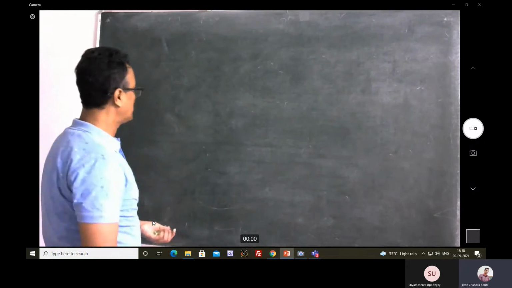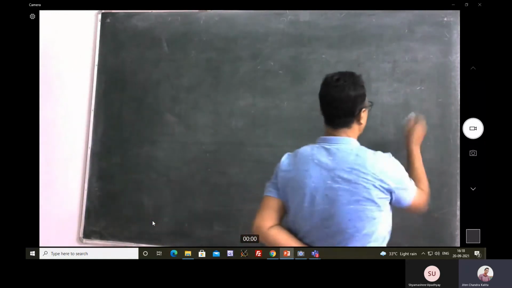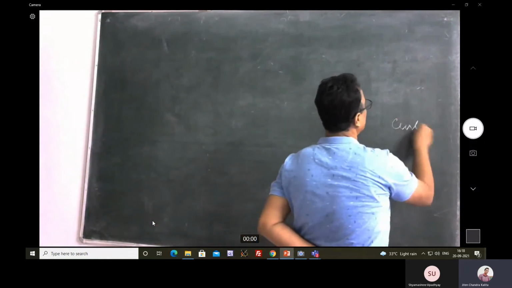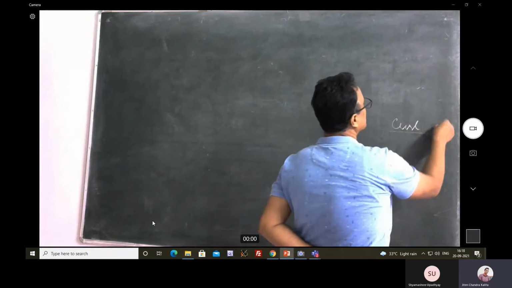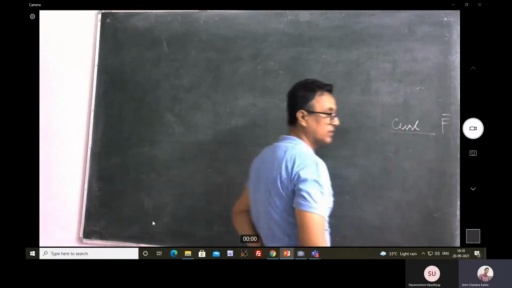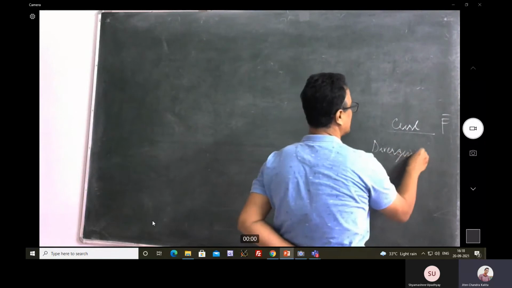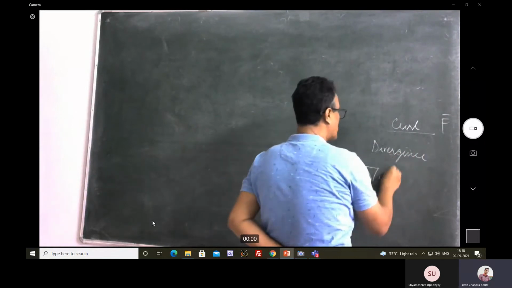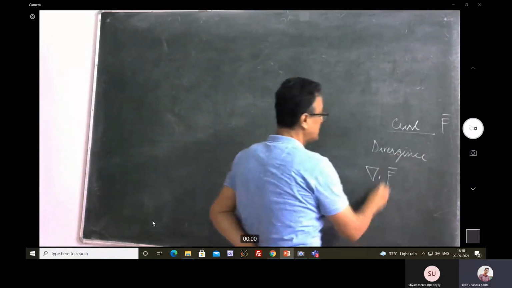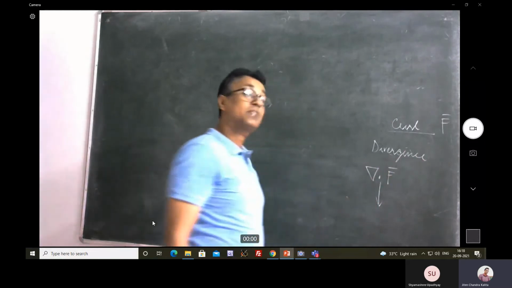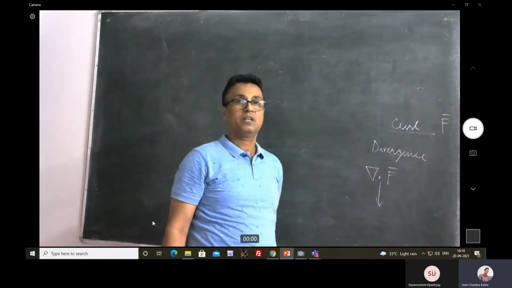Again, let me tell you that whenever we consider curl, this curl is always a vector function, remember. And when we consider divergence of a vector field, it reduces to a scalar function. So you should remember that.